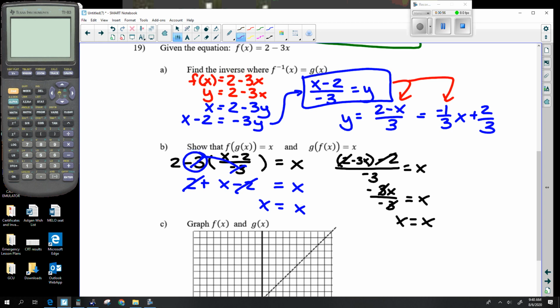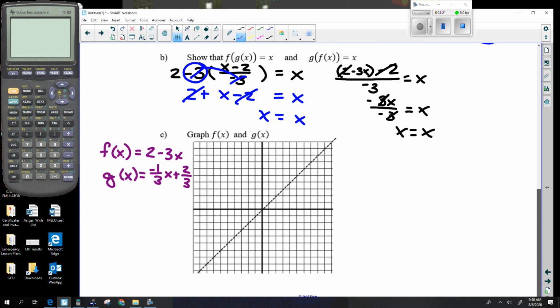All right, let me jot this down. So f of x is equal to 2 minus 3x, and I have g of x as being, I'll just use my line method. So graphing them, for the top one, the y-intercept is 2, slope of negative 3 over 1.